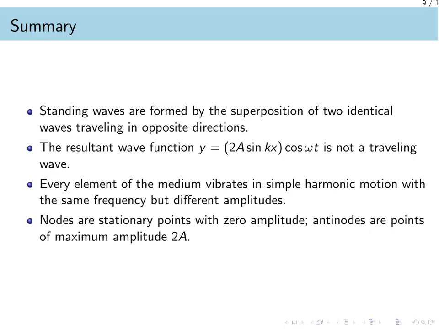Every single element of the medium undergoes simple harmonic motion at the same frequency, but their amplitudes vary based on position. Nodes remain perfectly stationary with zero amplitude, while antinodes reach the maximum possible displacement of 2 times the original amplitude. This creates a stable, oscillating pattern rather than a pulse that moves through space.